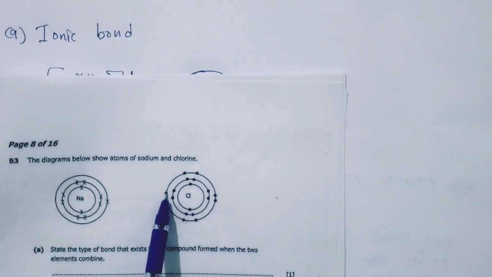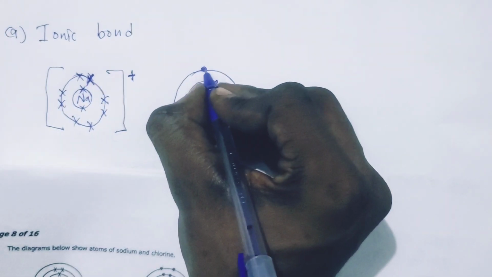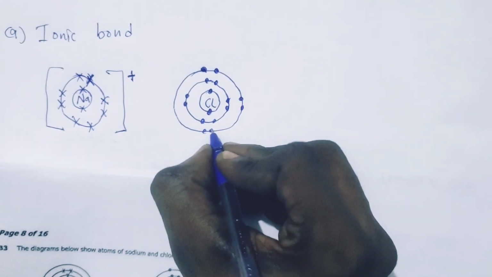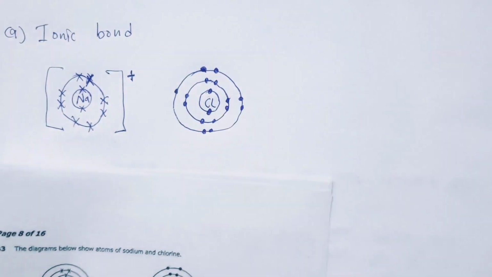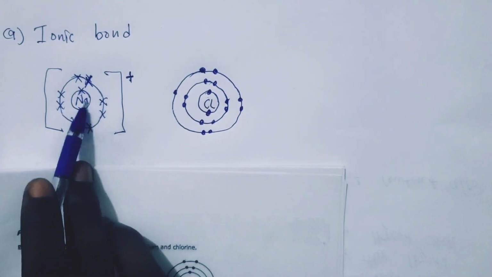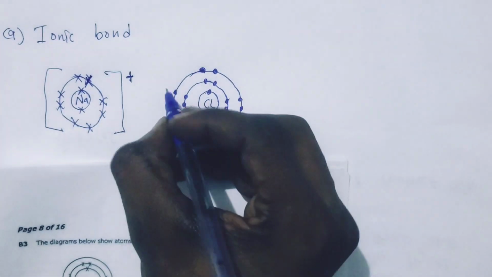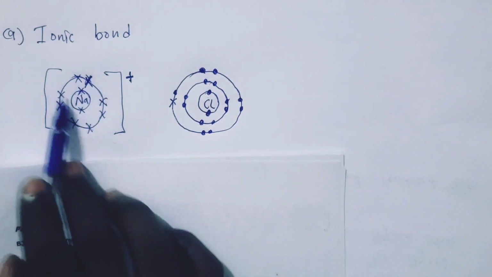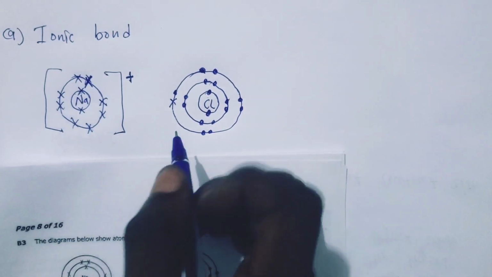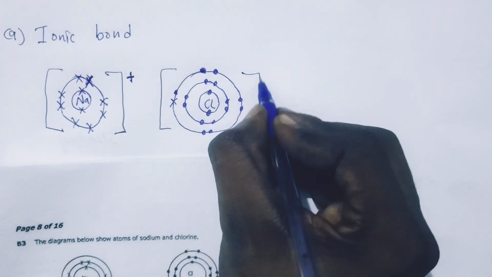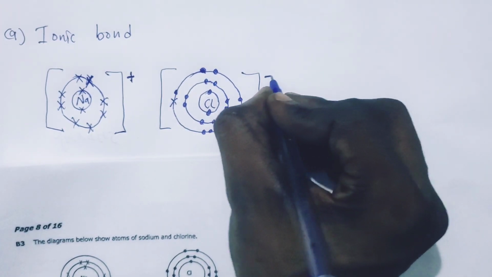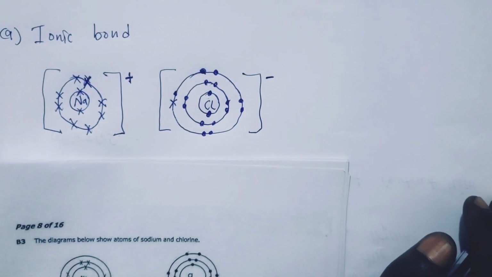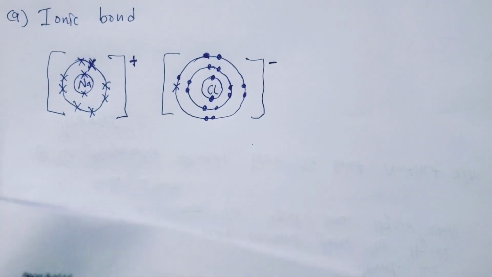You draw them. Then that one that got transferred from sodium, which is a cross, you add it here. It should be different from the ones on chlorine. In this case they are crosses. Then you write negative to show that it has gained one extra electron from sodium. So this is the bonding, this is what they wanted.